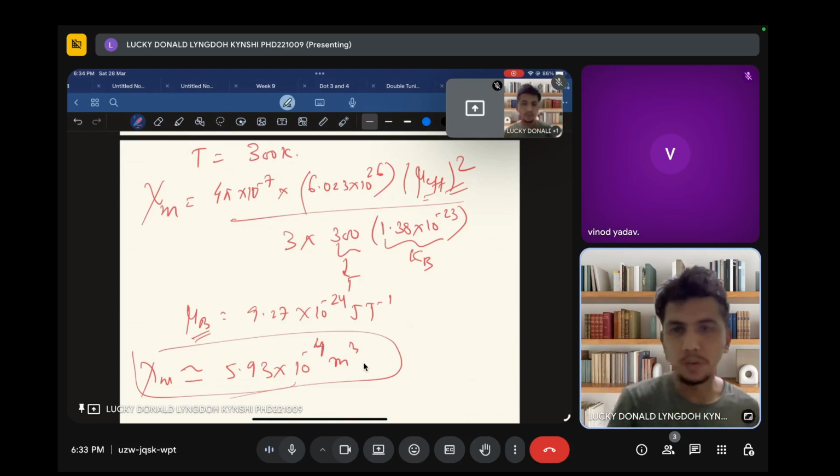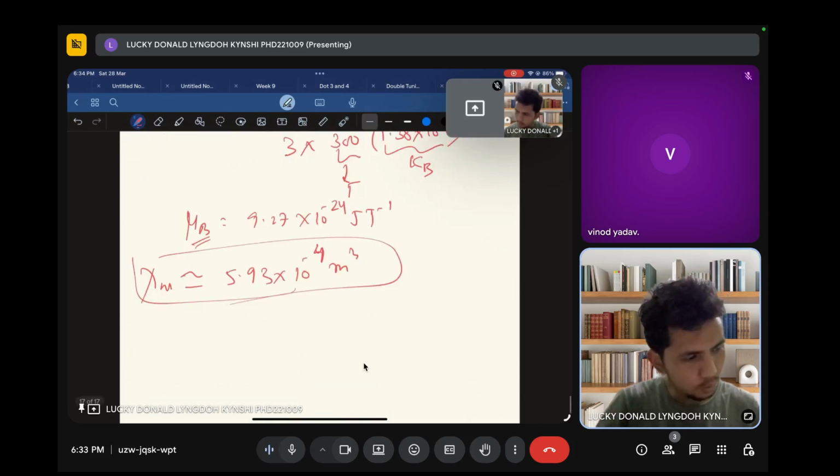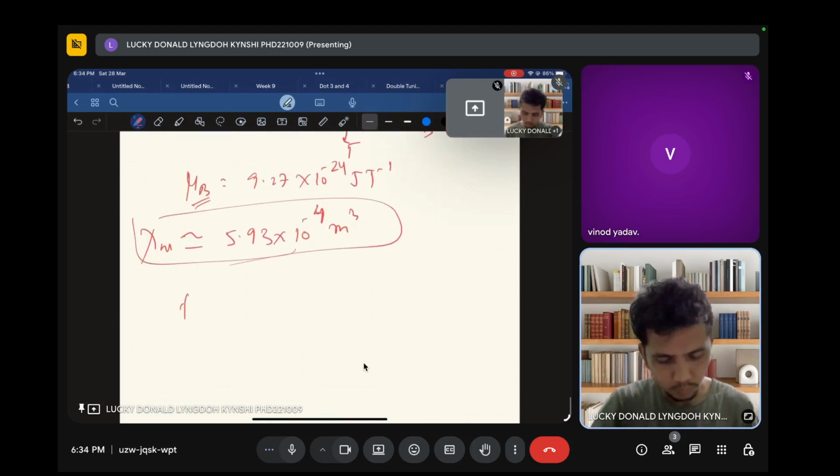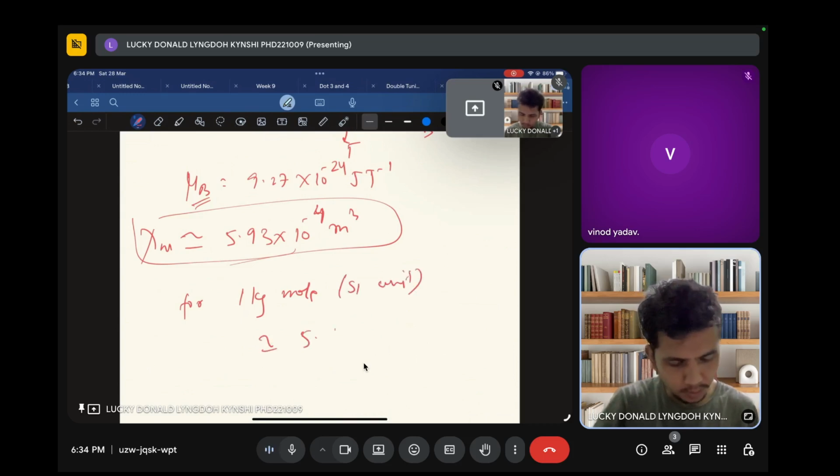You can do the final calculation. For 1 kg mole in the SI unit, it is approximately 5.93 into 10 to the power minus 4 meter cube kg mole inverse.